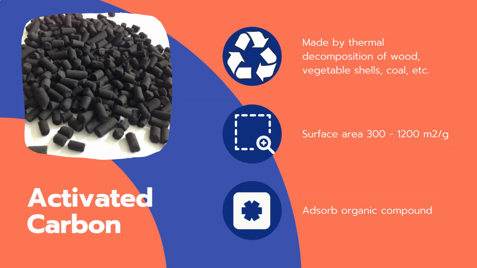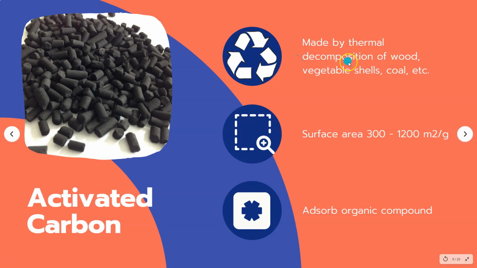We will take a look at a few types of adsorbent. These are examples of adsorbent. The first one, the famous one, is activated carbon. Activated carbon is made by thermal decomposition of wood, vegetable shells, coals, and others.